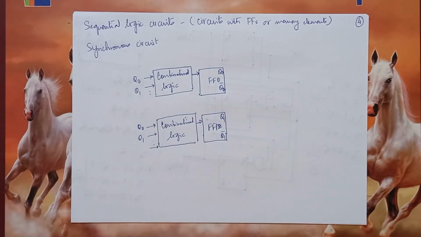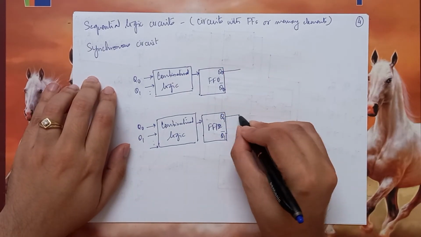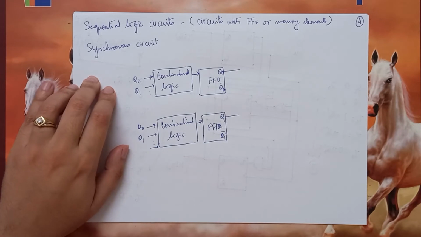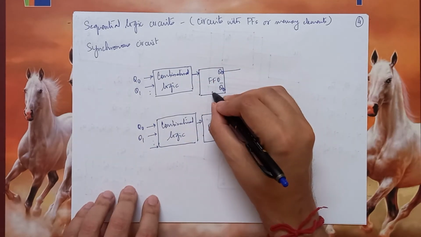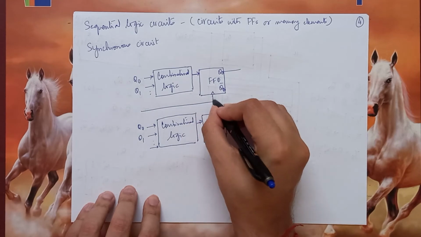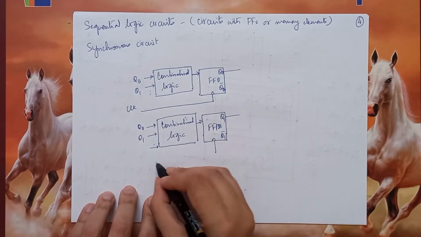It could be anything. And we saw that the outputs of the flip-flop so far are just the state variables. But in general, synchronous circuits, or for that matter any sequential logic circuit which looks like this, of course I forgot to show the clock. This same clock is over here also.